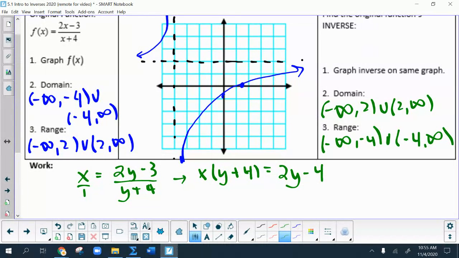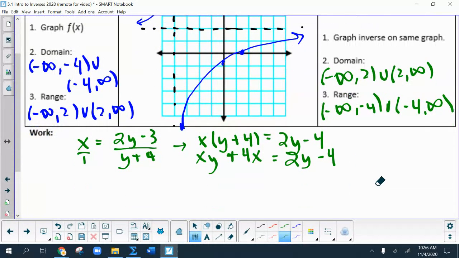So here's my cross multiplication, and I need all of the y's on one side. So what I'm going to do is distribute the x here. And then I'm going to move the y's to the left side and all the other stuff to the right side. So I have xy minus 2y equals negative 4x minus 4.